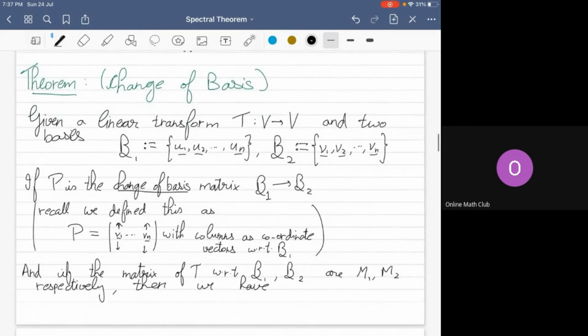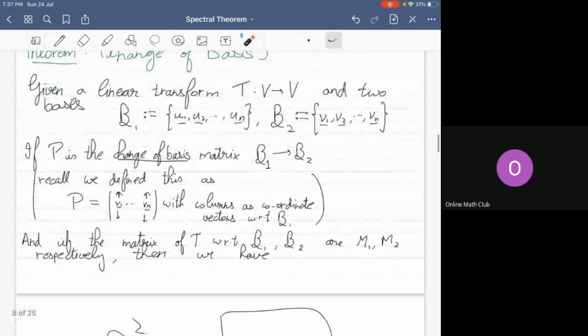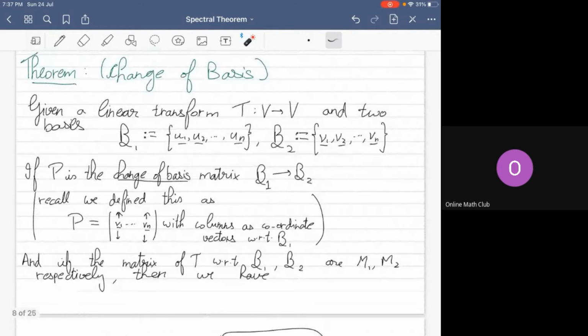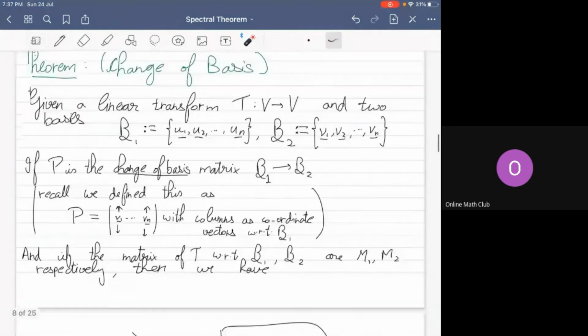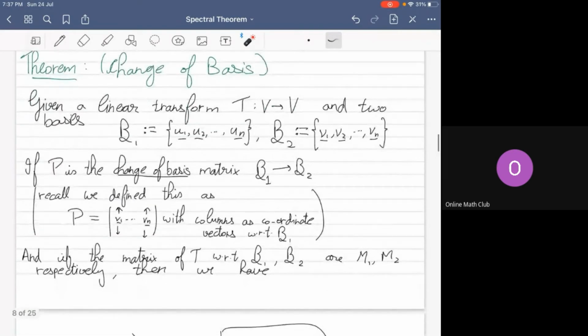Let's do the theorem, change of basis. And this is in the same spirit: if we want to change our basis, how does the matrix of the transform change?